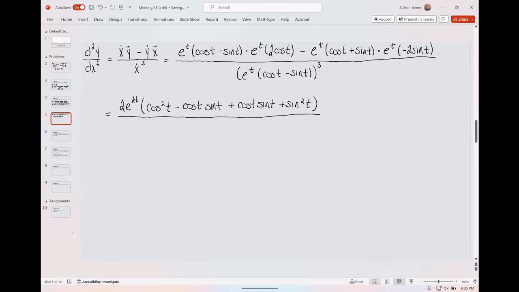All over. Now let's distribute that cubed through in the denominator because it's a product. And write it that way. E to the 2t over e to the 3t. You're left with 1 over e to the t, right?